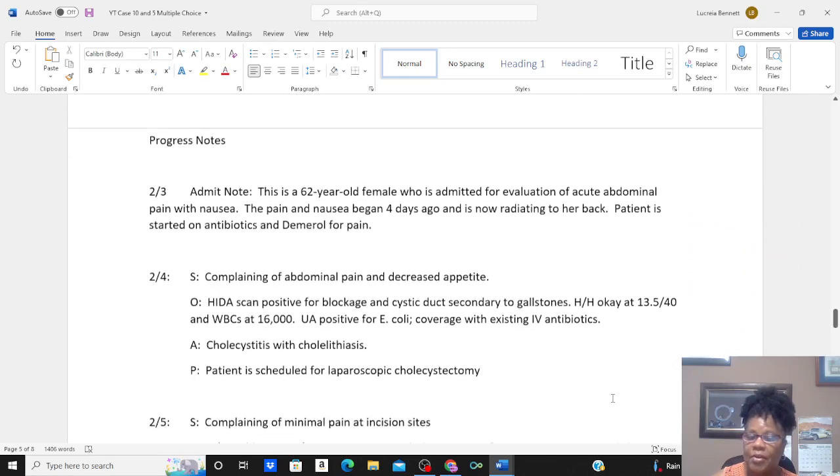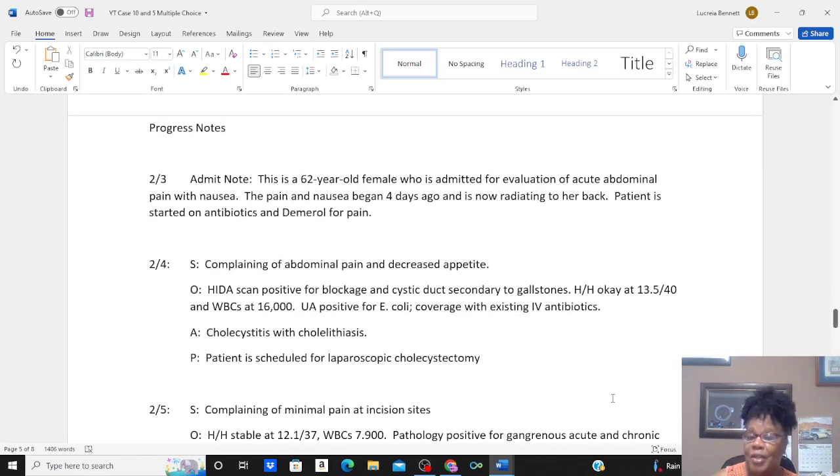And here are your daily progress notes. So you actually got a full medical record other than nursing notes, MARs, any other therapies, but you have the full physician medical record for an inpatient stay.